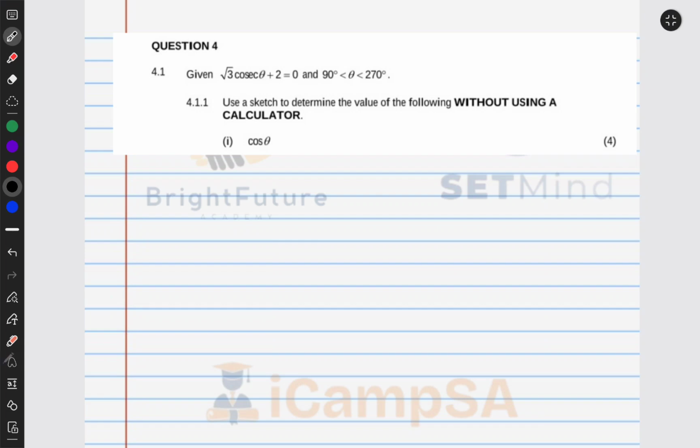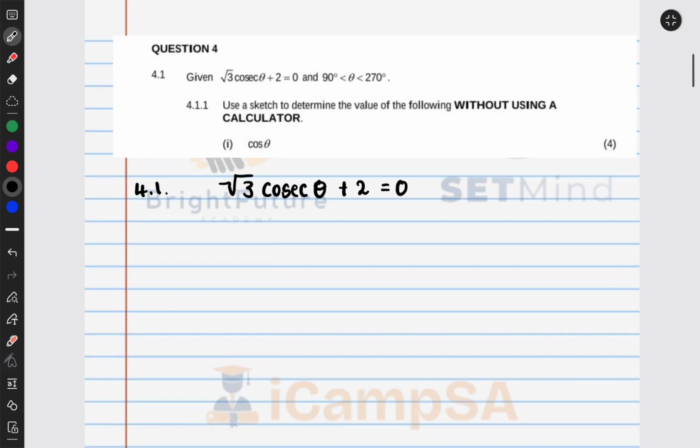So this is 4.1. We have root 3 cosec theta plus 2 is equal to 0. Let's take the 2 to the other side. We're going to have root 3 cosec theta is equal to negative 2.